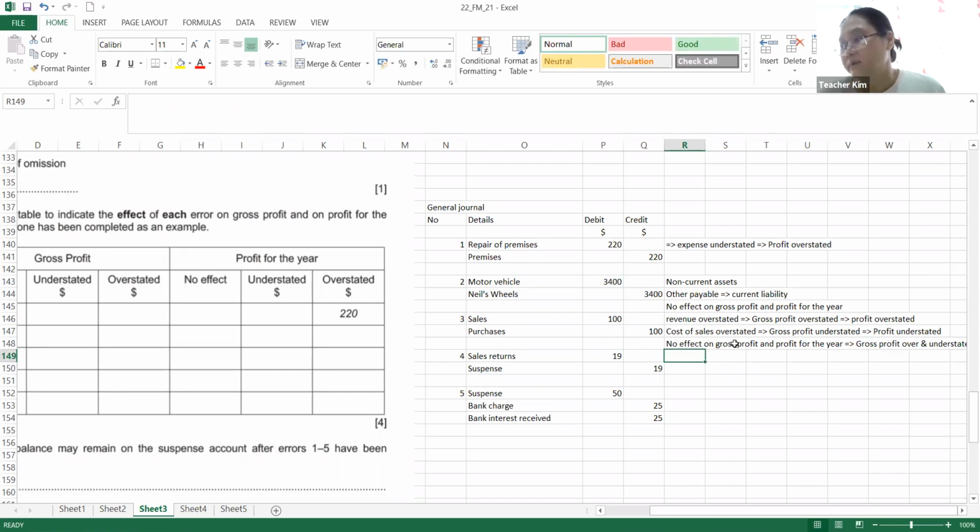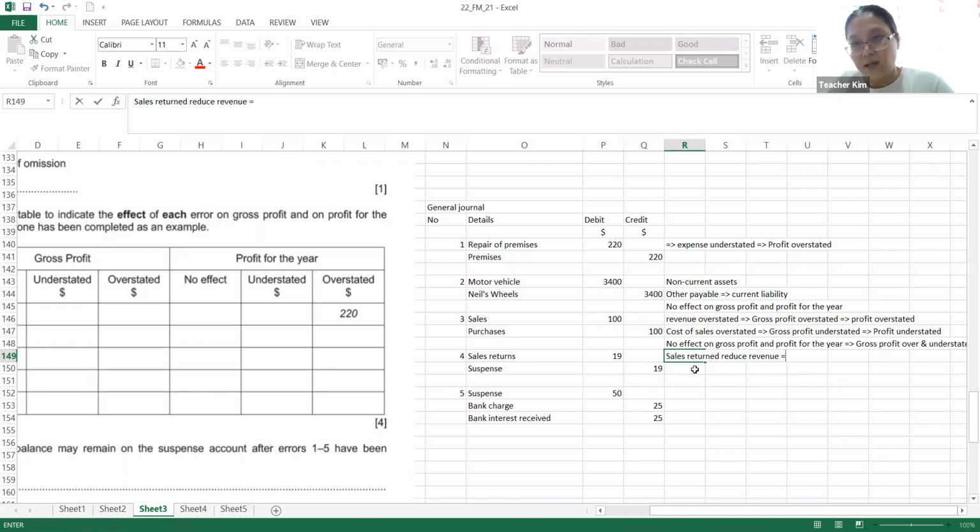Okay. Now next is sales return. Sales return reduces revenue.